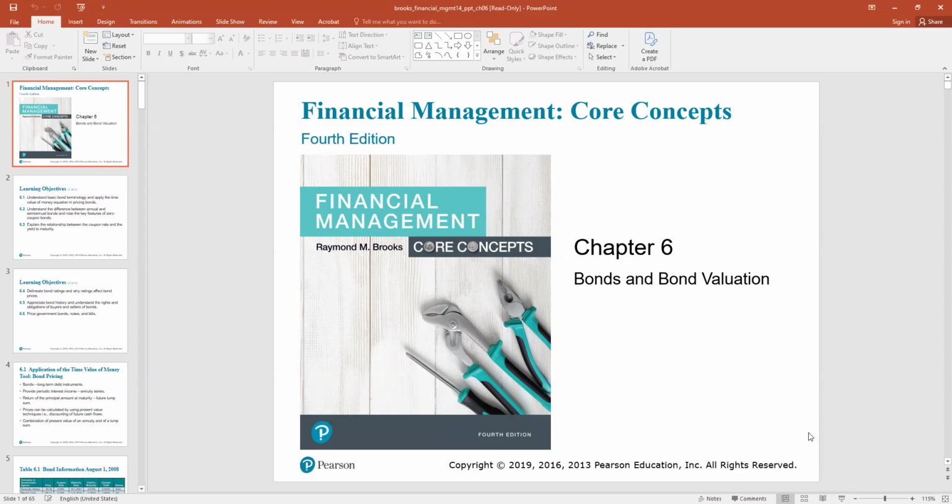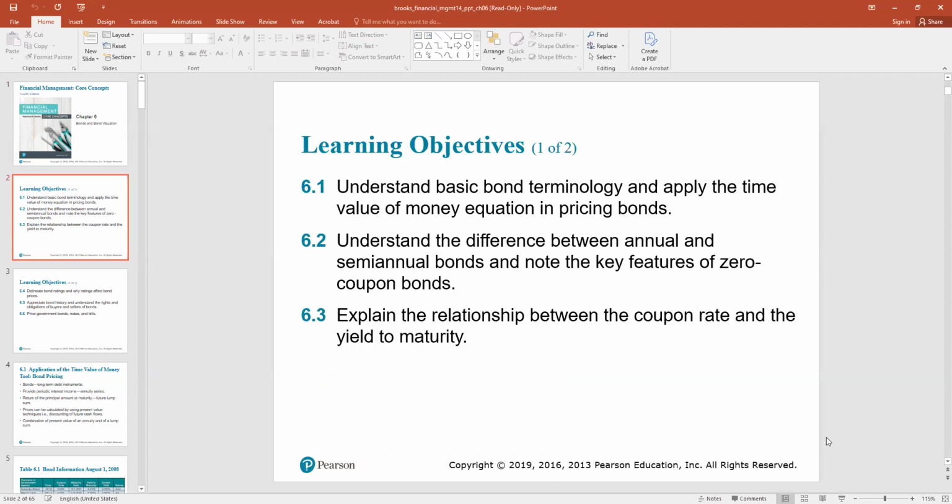So now we're going to talk about bonds and bond valuation. As learning objectives, basically we'll try to understand the basic bond terminology and apply the time value of money in trying to price the bonds, trying to give the real values of the bonds. We'll try to understand the difference between annual and semi-annual bonds, and note the features of zero coupon bonds too.